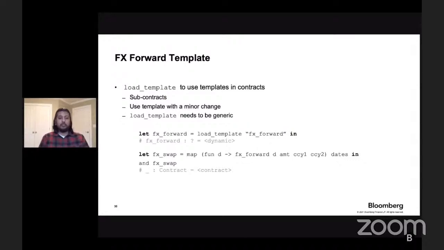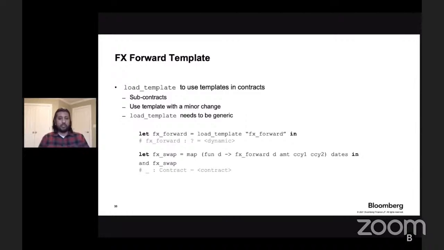But it follows that the load template needs to return a dynamic type, because your templates could return various types, and you want to use the same primitive to load any kind of template. So not just subcontracts, you can also use these loaded templates for performing some sort of minor change in the code.